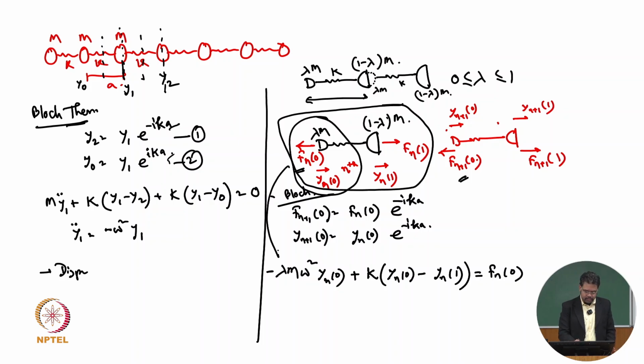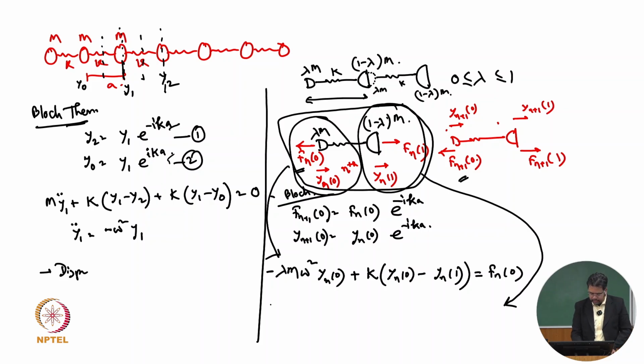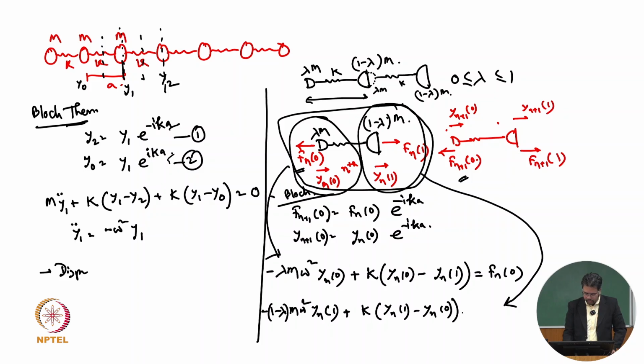If I do this first balance, now I will do the next balance. So if I do the next balance, what can I get? Minus m omega square yn1 plus, agreed?